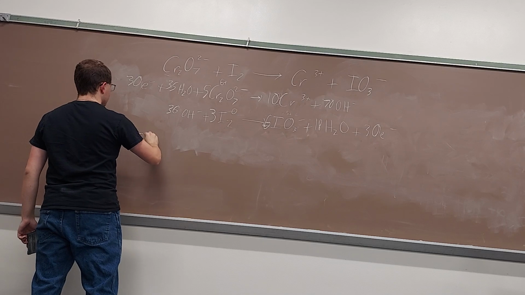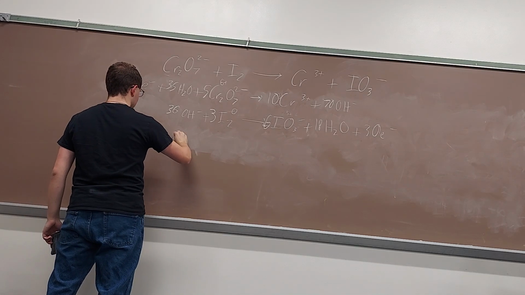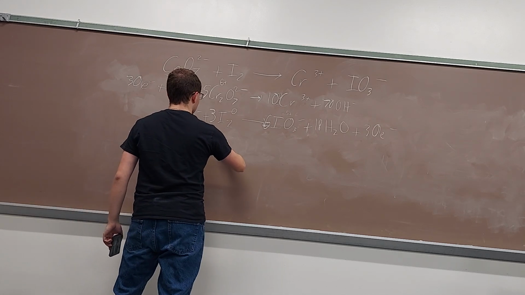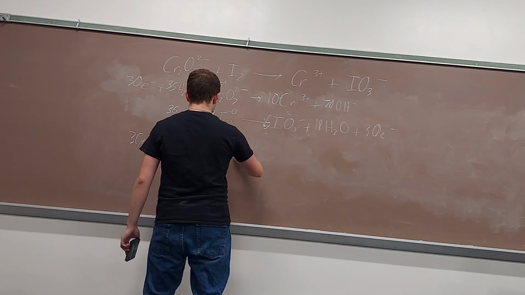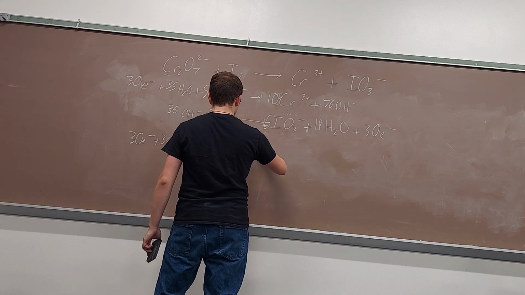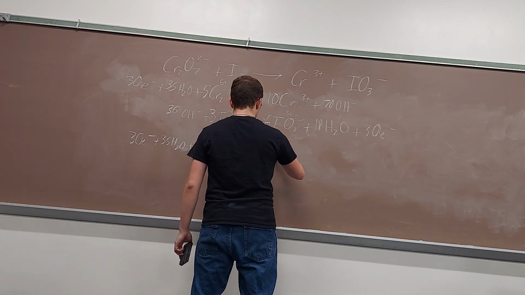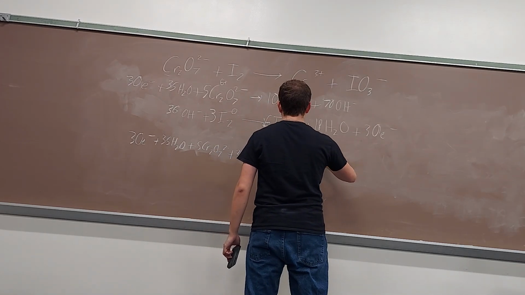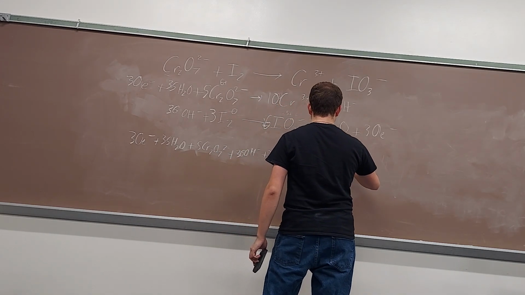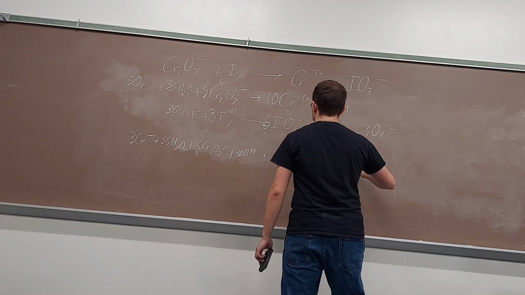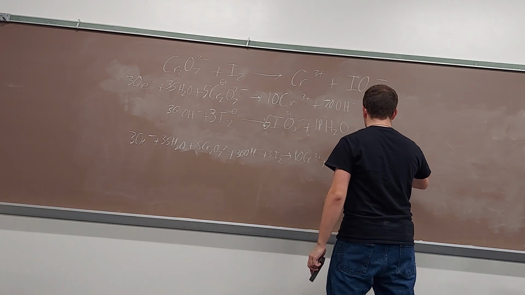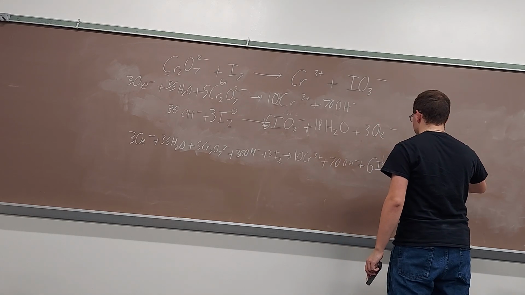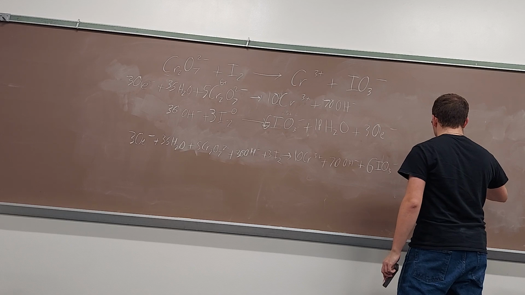So, 30 electrons plus 35 H2O plus 5 Cr2O7 2 minus plus 36 OH minus plus 3 I2 gives us 10 Cr3 plus 70 OH minus plus 6 IO3 minus plus 18 H2 plus 30 electrons.